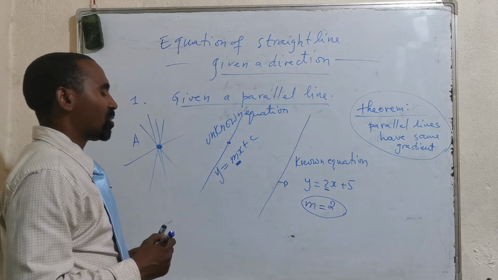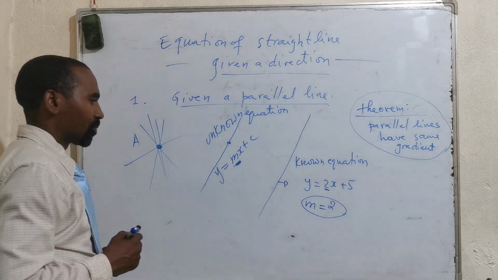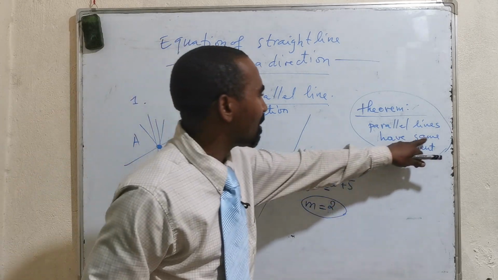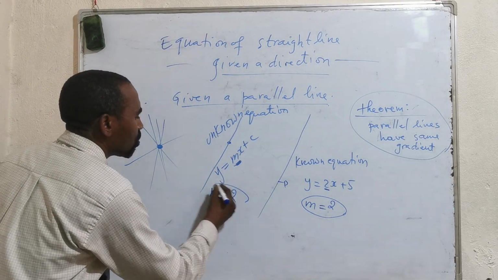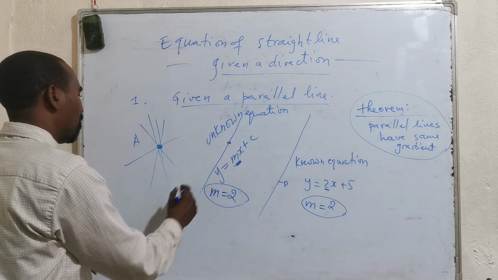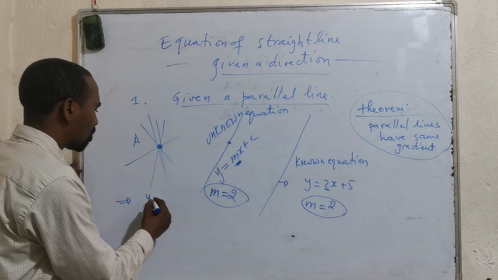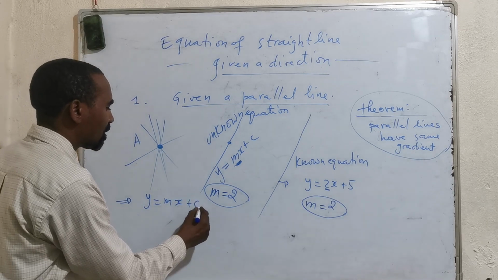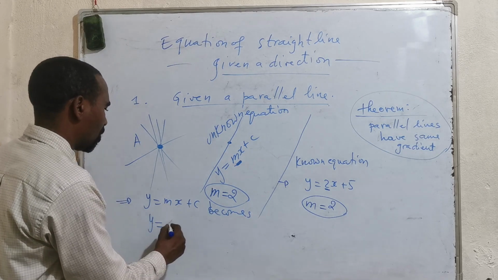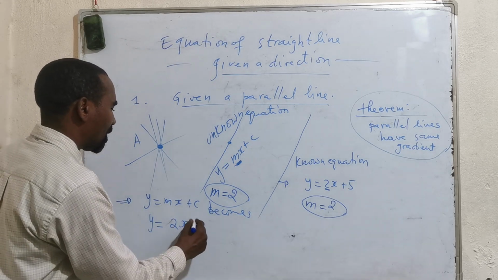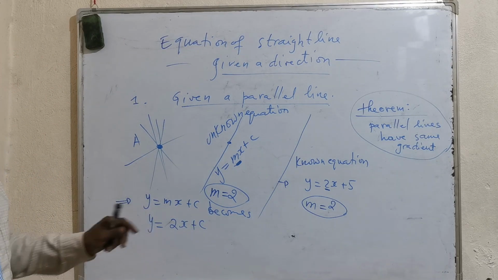The gradient here is m, and since they have the same gradient, m is 2. The equation y = mx + c now becomes y = 2x + c, and we remain to find the constant term.